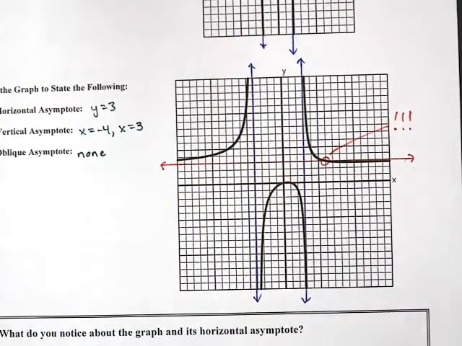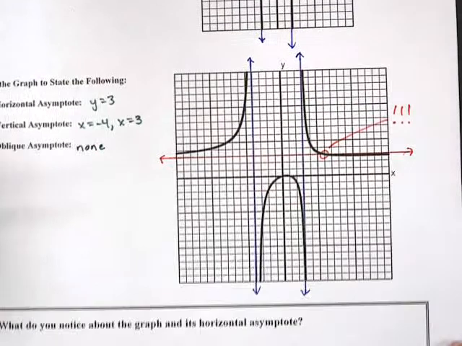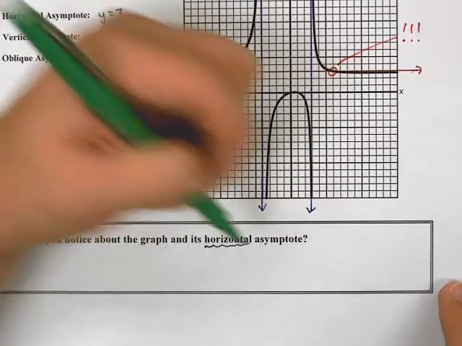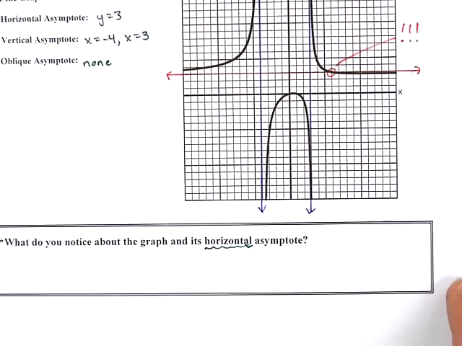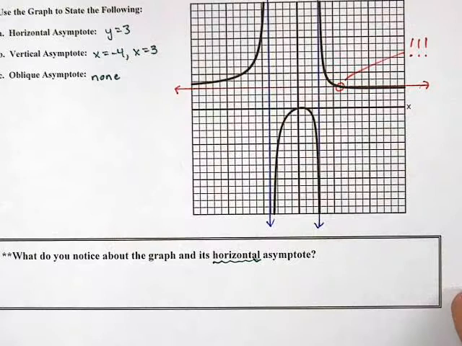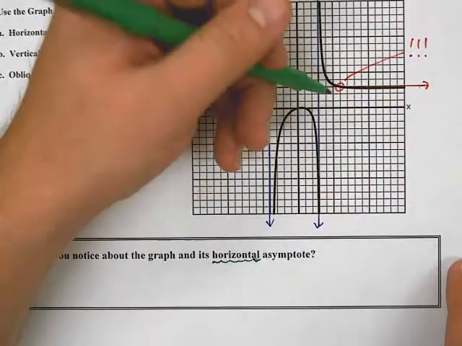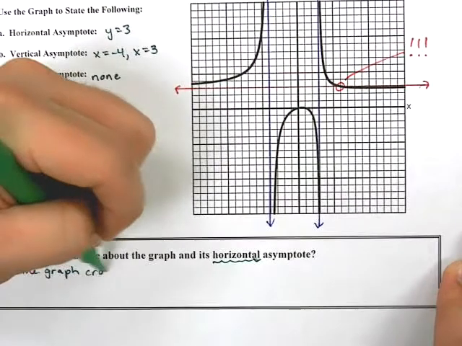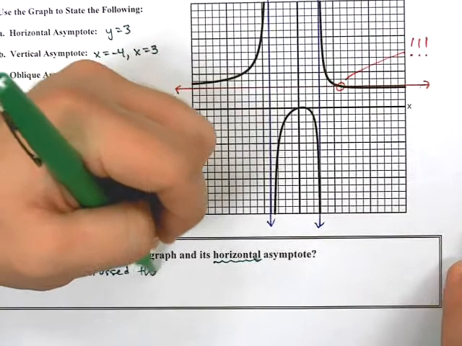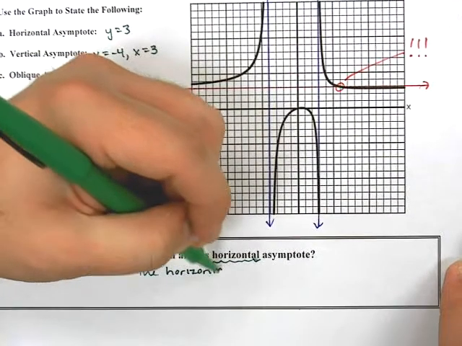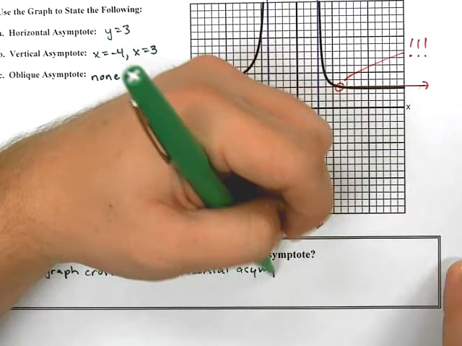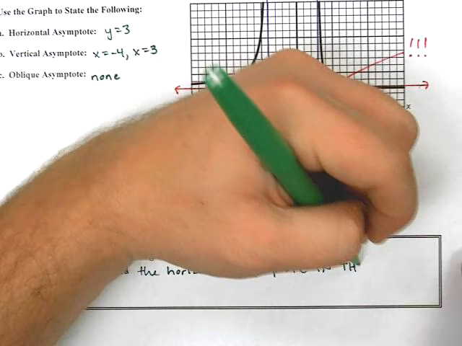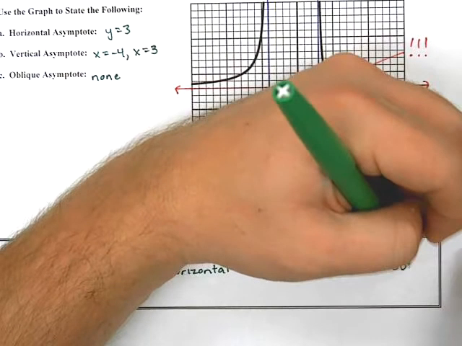What I need you guys to understand about horizontal asymptotes, and there's a note down here that we're going to write. What we need to know about horizontal asymptotes. Horizontal asymptotes basically just give end behavior. Okay? So we noticed the graph crossed the horizontal asymptote, but what I'm going to say is in the middle.